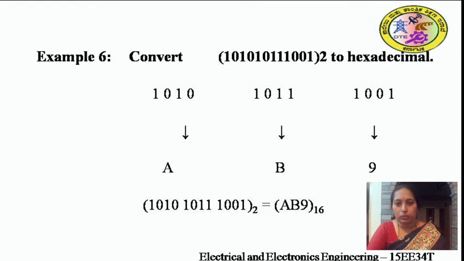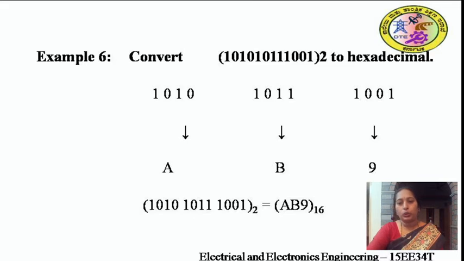Let's take an example. You can see here 101010111001. This is a binary number, and I have to convert it into a hexadecimal number.